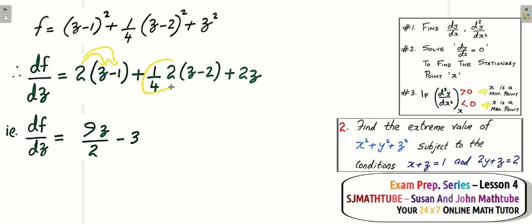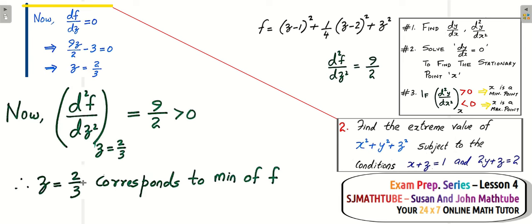You plug in any number, it's going to be positive. That means z equal to 2 by 3 corresponds to a positive bend, or rather we are at a minimum point. Okay, but this was a function in 3 variables. That means a point will be in the format x comma y comma z.